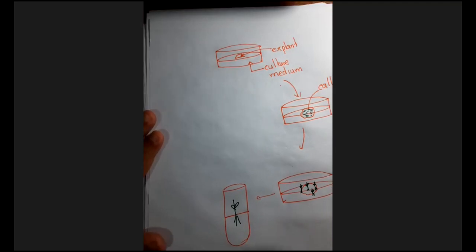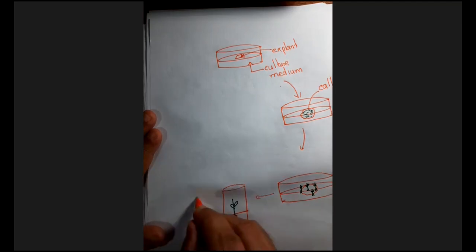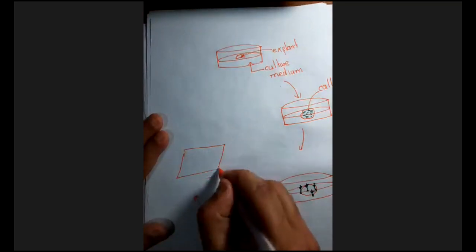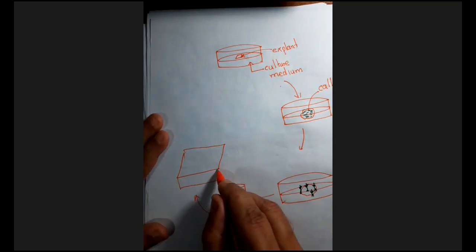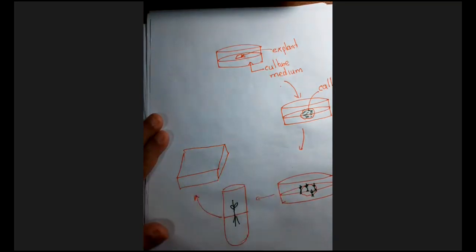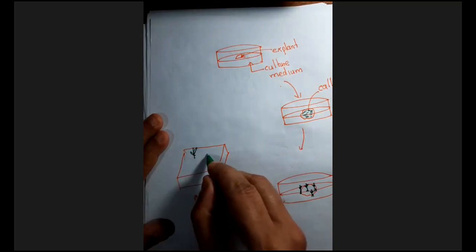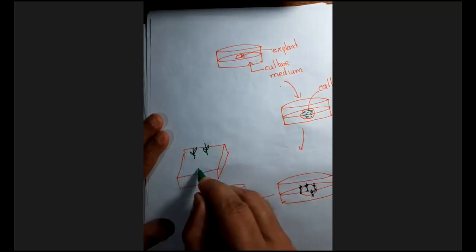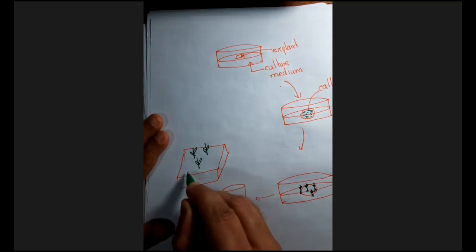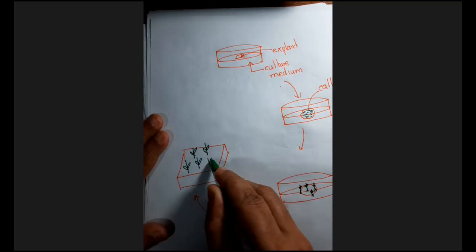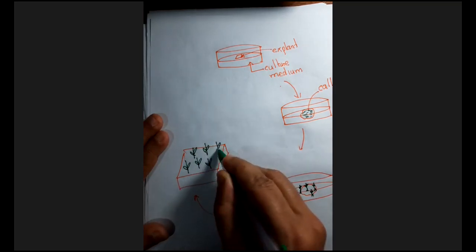After a certain amount of growth, we will transfer the plants to a tray of sterile soil. Now the plants are planted in the sterile soil.